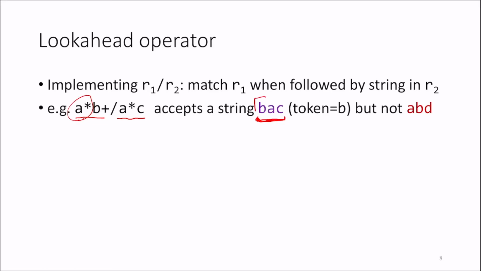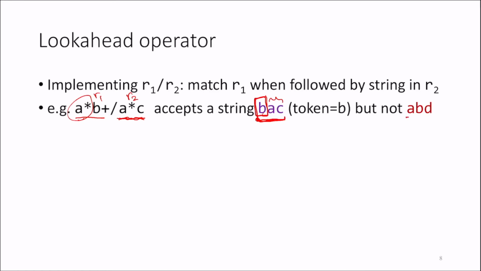So it matches this B as a token, and this part over here, which is AC, matches this regular expression R2. So AC is one A and a C, which is matched by A star C, and so in this case it would return B as a token because the context includes something that is matched by R2.